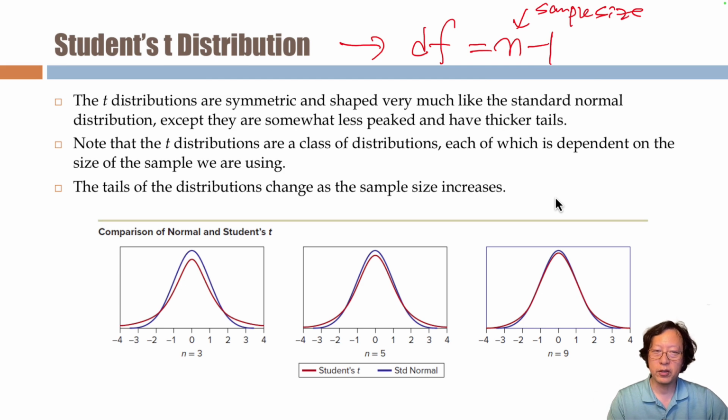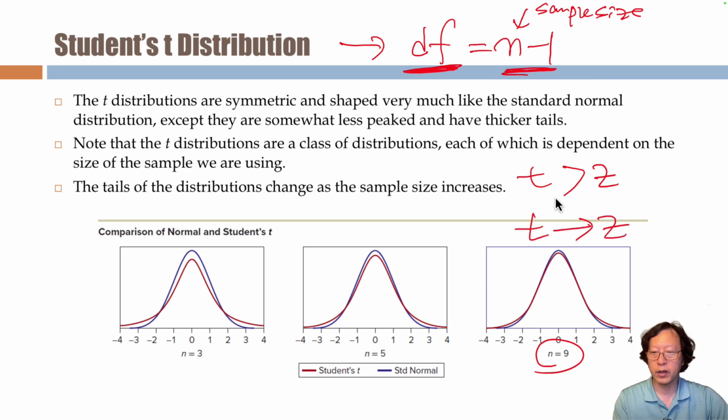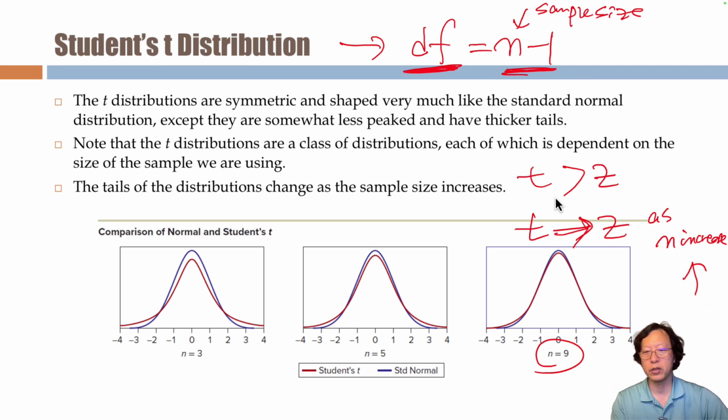The t value is greater than the z value, and how much greater depends on this degree of freedom, which is n minus 1. As n is getting bigger and bigger, the t distribution is getting close to the z. As n increases, t is going to the z value.